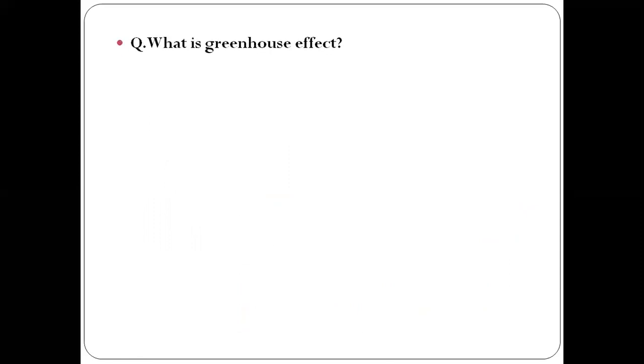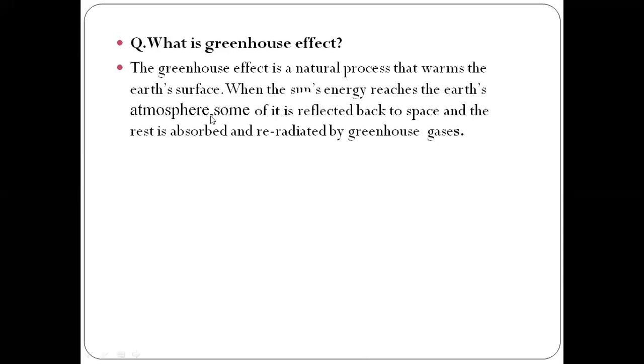The next is the greenhouse effect. What is the greenhouse effect? The greenhouse effect is a natural process that warms the Earth's surface when the sun's energy reaches the Earth's atmosphere. Some of it is reflected back to space and the rest is absorbed and re-radiated by greenhouse gases.